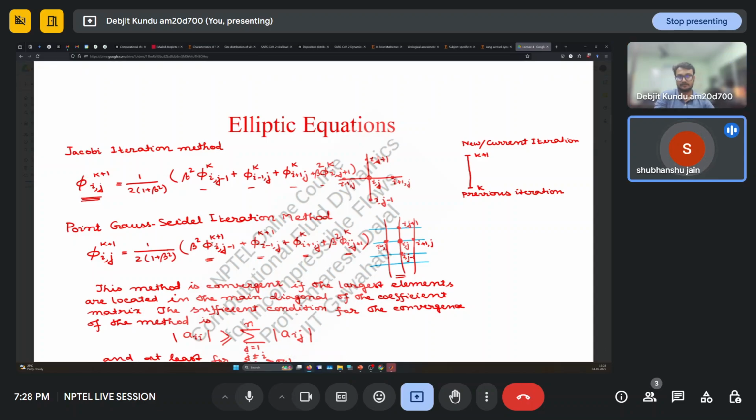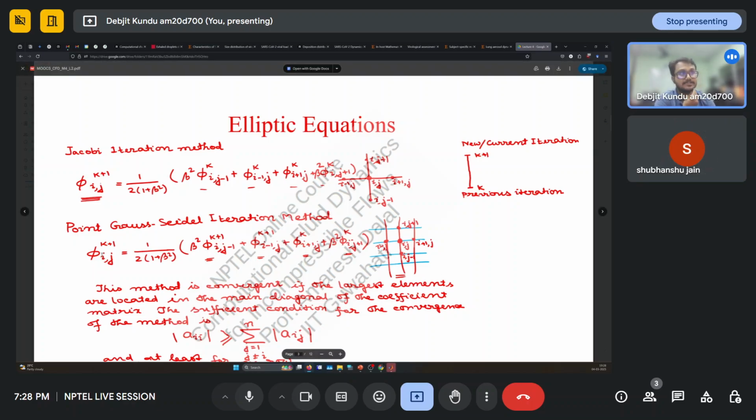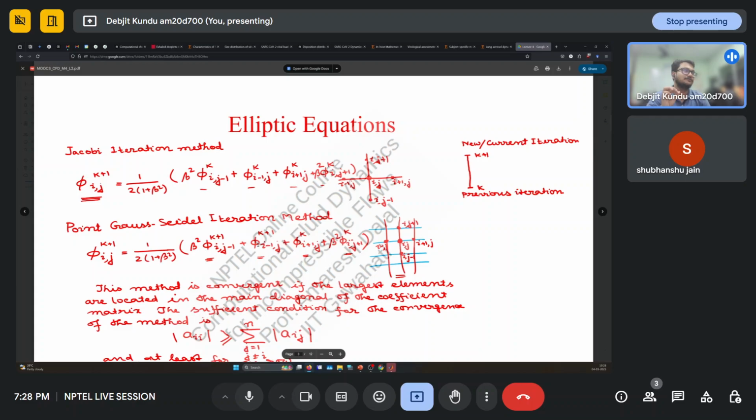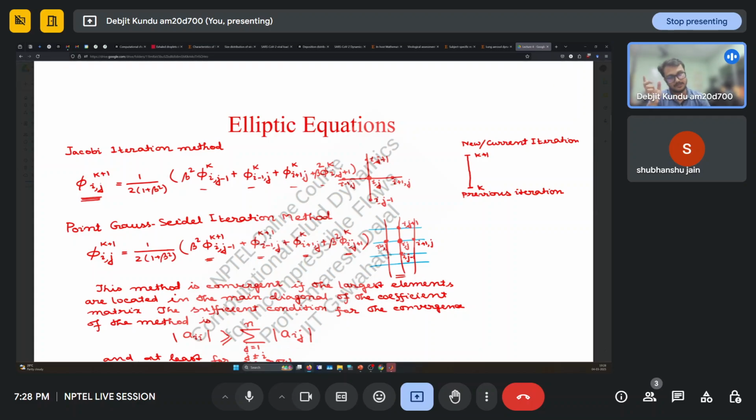Yes, sir. So if we are trying to calculate at i,j, that means all the values at i minus 1 and all the values at j minus 1, we already know. That's why for phi i,j minus 1 we will use k plus 1, and for phi i minus 1,j we will use k plus 1.